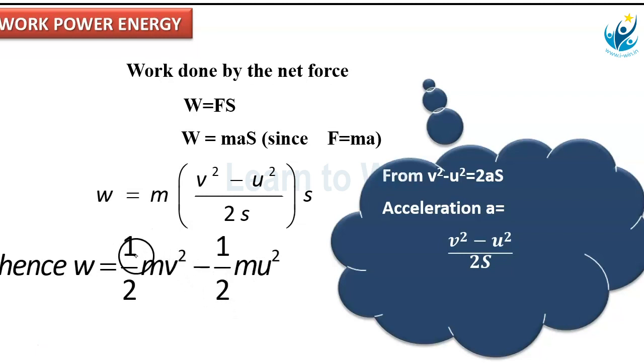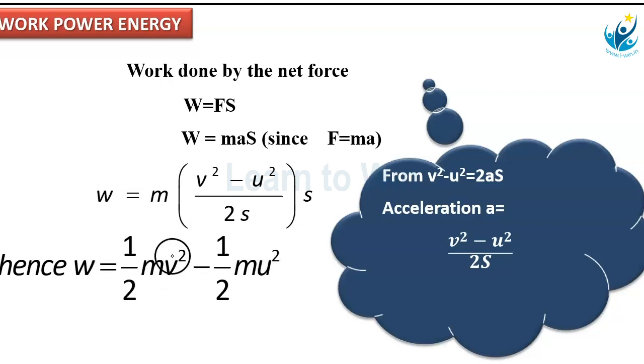What is half mv square? Half mv square is the final kinetic energy of the particle. Half mu square is the initial kinetic energy of the particle. Why? Because v is the final velocity, u is the initial velocity.